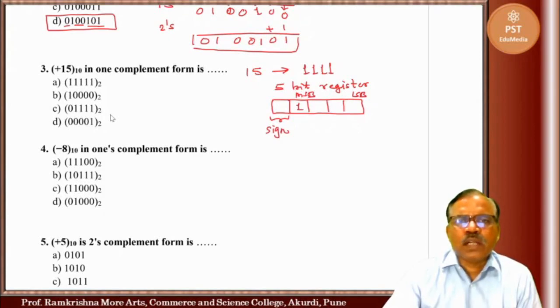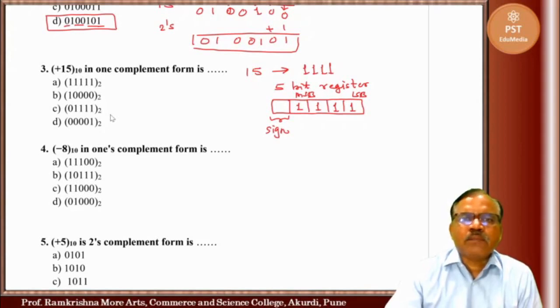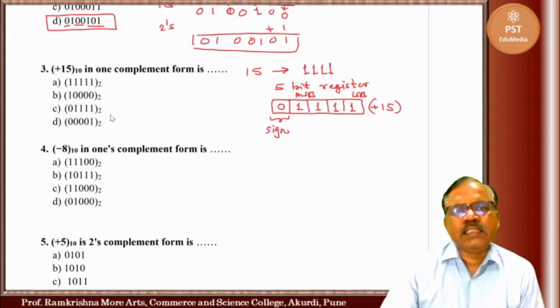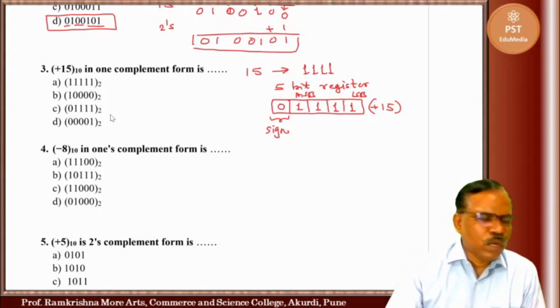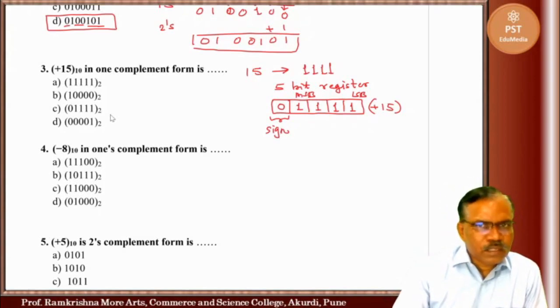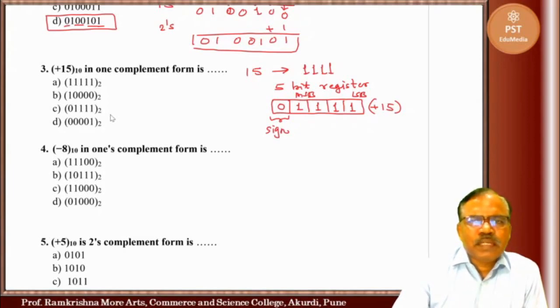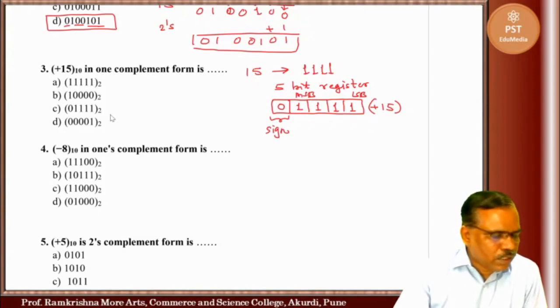So the number is 1 1 1 1, and if we write 0 here, it becomes plus 15. So this bit is reserved for sign. Now for the one's complement, we have to take the complement of this. So how can we take the complement? Simply, we have to invert this.